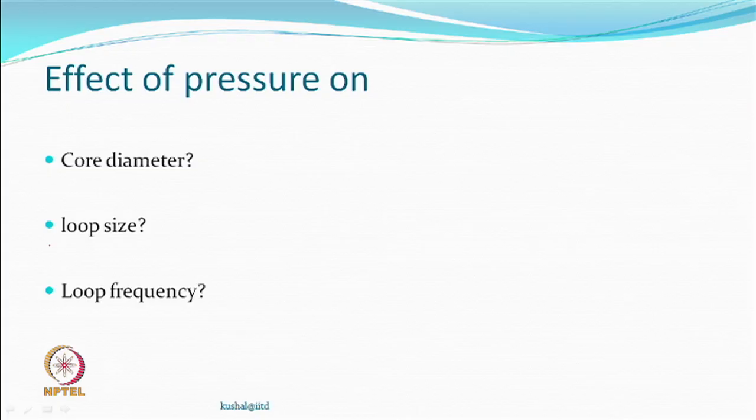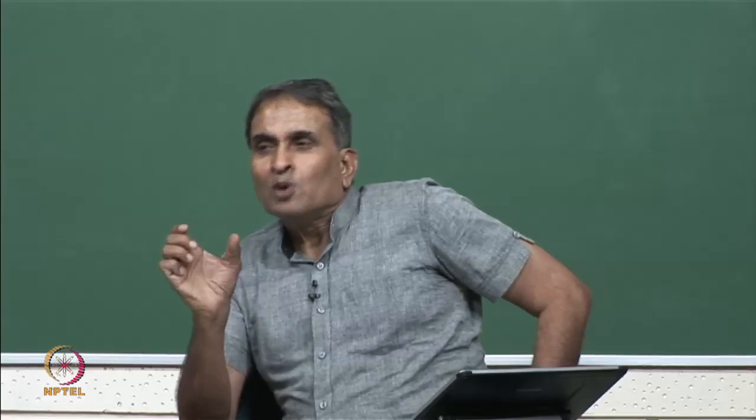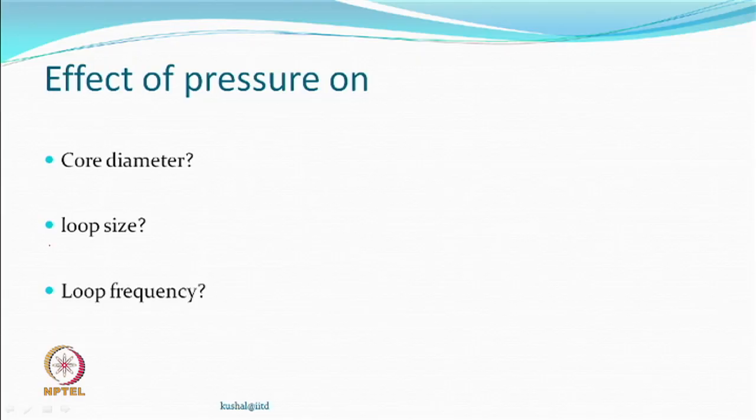Before we come to some conclusion here, let us go a little further. You can answer these questions only if you have some information on this same overfeed, loop size and loop frequency. Let us look at these things. What will happen to the loop size and what will happen to the loop frequency?